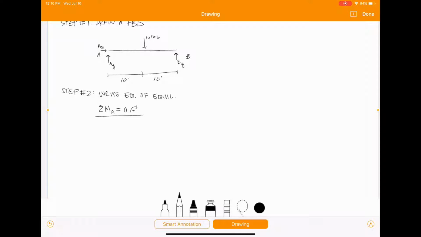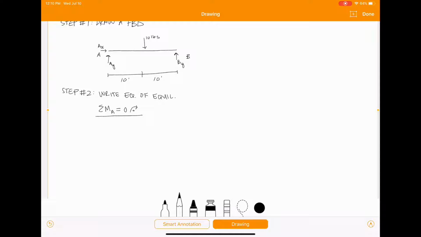All this is doing is making it so if our answer comes out to be positive or negative, it means that we picked wrong or we picked right. I'll explain that a little bit more as we go on. But again, I'm just arbitrarily picking clockwise to be positive. You can pick counterclockwise and you're going to be just fine. You'll get the same answers.